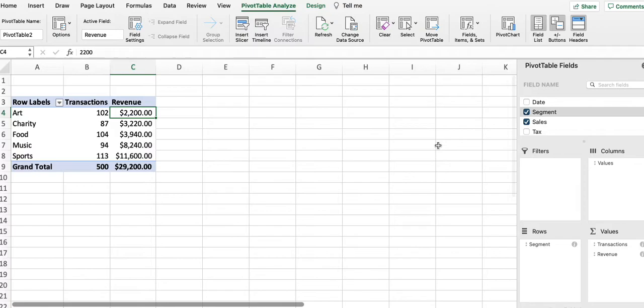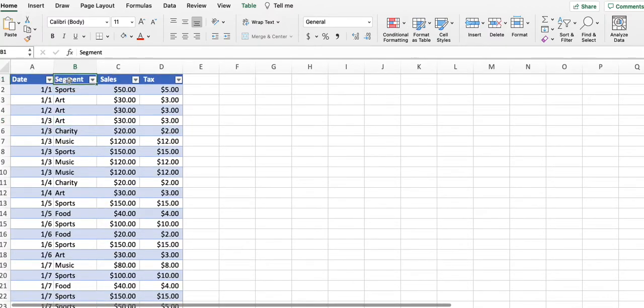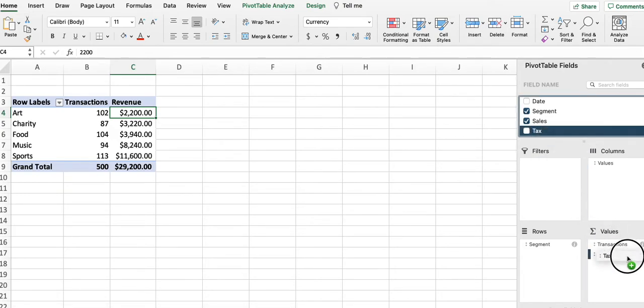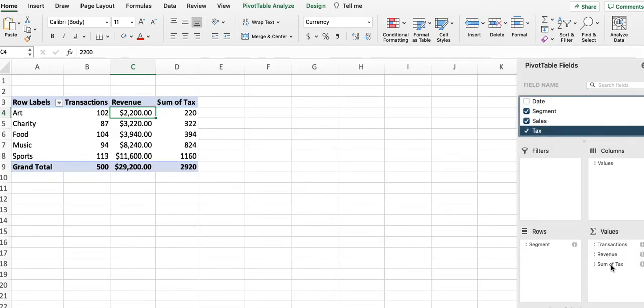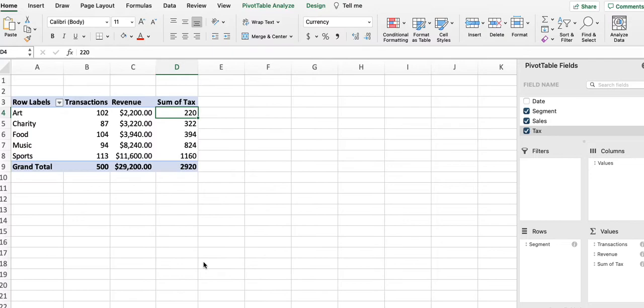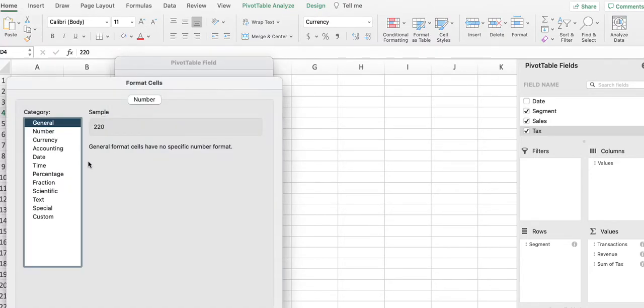Maybe I also want to know, actually, let me click over onto my data tab. So in my data tab, we sectioned everything out by segment, sales, and how much tax we were paying. So maybe I want to know my average tax. So I put my tax over here, but this didn't tell me my average. So let me see what I can change. So the first thing I want to do is I'm going to change the number again.